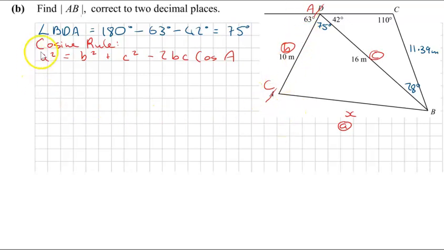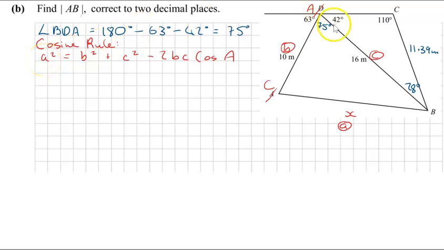So it's best to let the lowercase a be the side that you're looking for, because when you sub into your formula, then you can just put everything straight into the calculator. So it's a lot easier. So we were looking for the side AB. So I'm calling that X. And then I'm labeling it as lowercase a, because in our formula, the A is on its own.